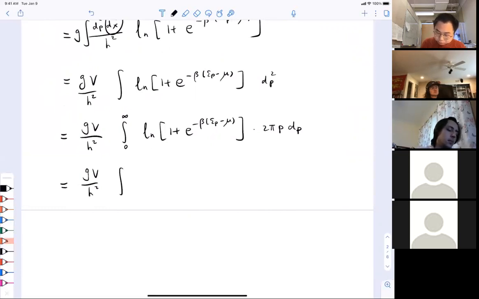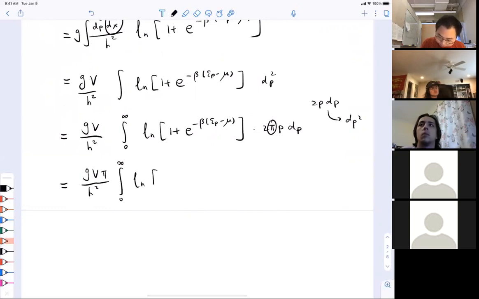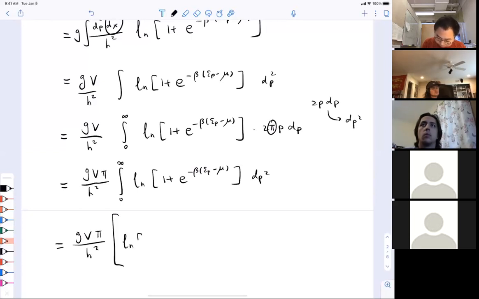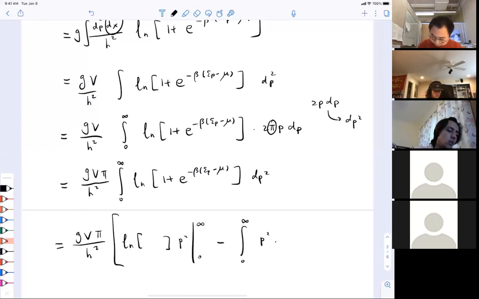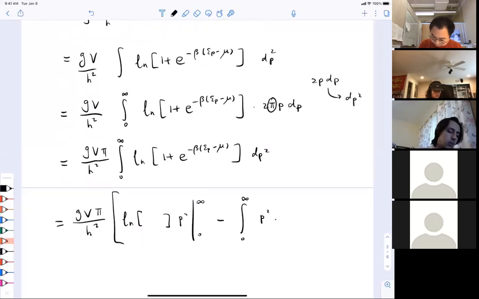And now we need to do the integration by parts. I put this pi in front of the integral, and this 2p dp, I will write as dp squared. Right? So from the integration by parts, we know that log of the whole thing times p squared from 0 to infinity, minus the integral of p squared times the derivative of this log dp.